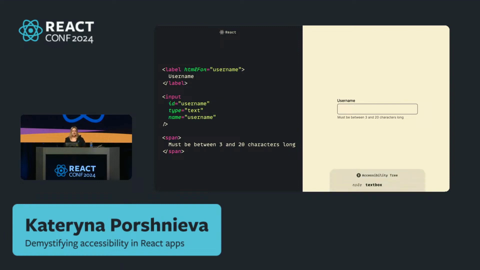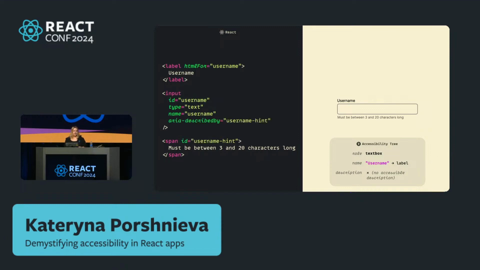What I didn't mention is that they can also have an accessible description, which would be empty by default. We can set it using ARIA. We can set an ID for a span containing the description, and then connect it to the input using the ARIA described by attribute. Then, the contents of the span will be used as an accessible description, which is typically announced to the users after a pause, like this.